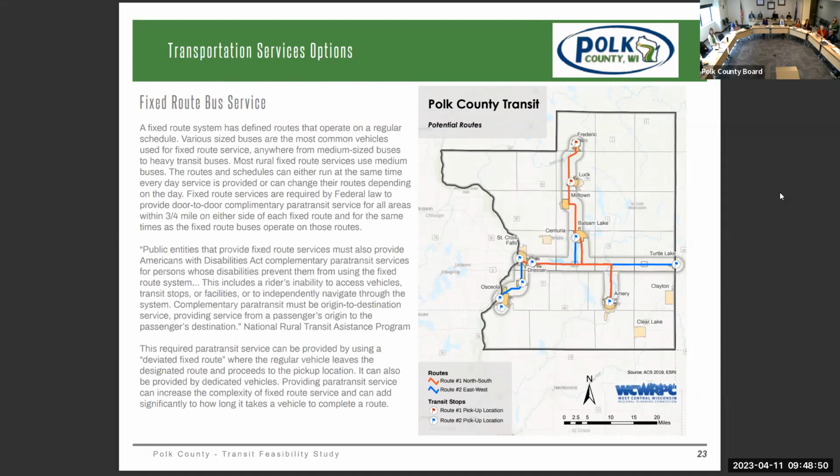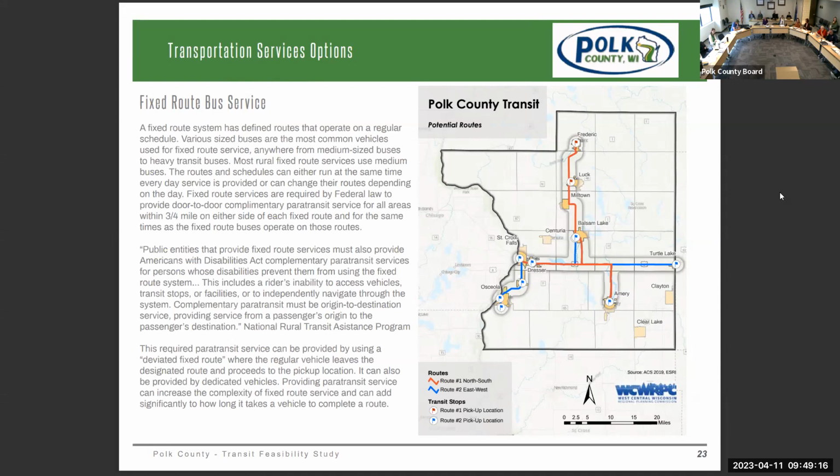You'd actually run your short buses, and that would mean you'd have to run the short buses deviated from the fixed route. And so in the winter, with some of the roads that you have within a half mile of some of the highways, you can imagine that would be a little bit challenging. And it's expensive.